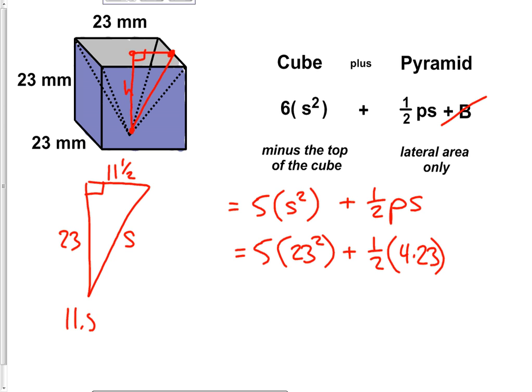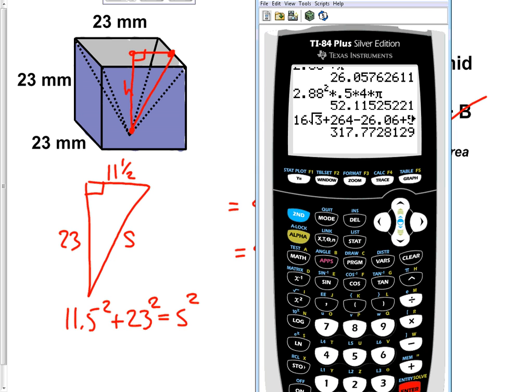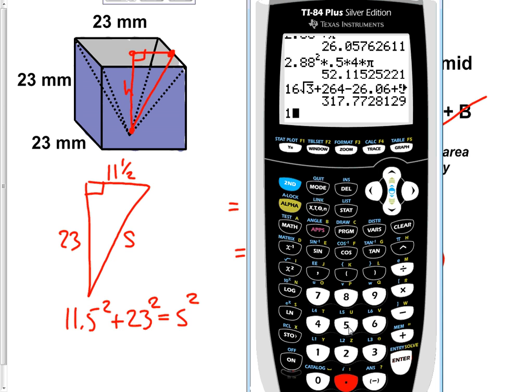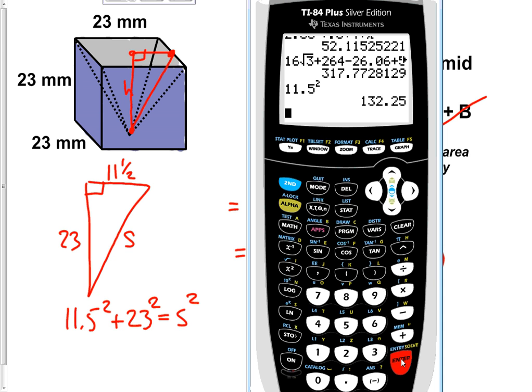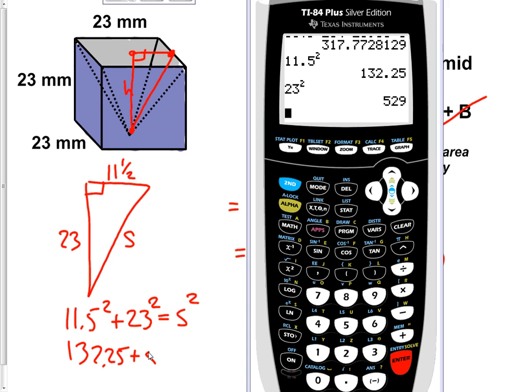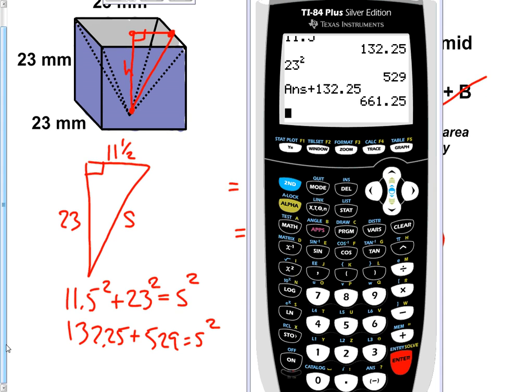So we got some kind of crazy numbers going on inside of that triangle, but it's still just Pythagorean theorem. 11.5 squared, not familiar with that number, is 132.25. We also have 23 squared, which is going to be 529. So 529 plus 132 and a fourth is 661.25, and that is equal to the slant height squared.